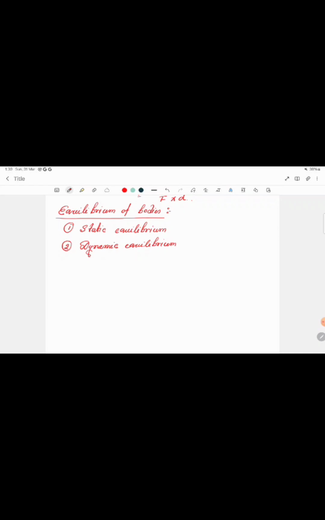Static equilibrium is when a body remains in the state of rest. If we apply some forces also, it remains in the rest position only. That is called static equilibrium.